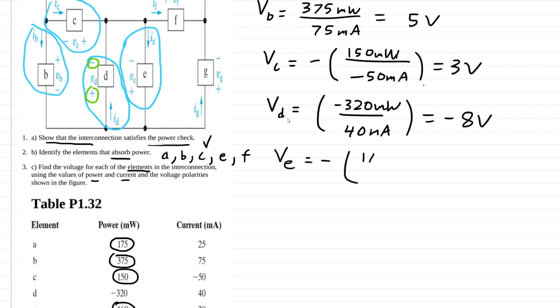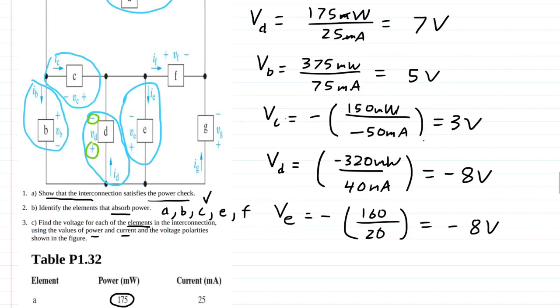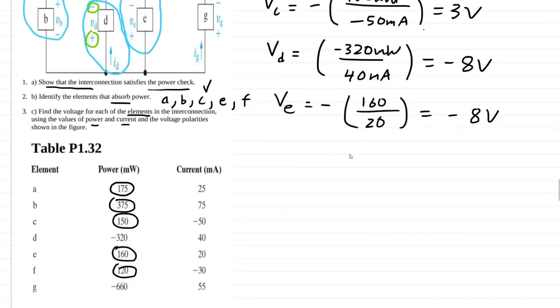And it's 160 milliwatts divided by 20 milliamps, which is going to be negative 8 volts. And that makes sense because these two elements are in parallel with each other, so the voltage across them is going to be the same. And that's consistent with their answers.